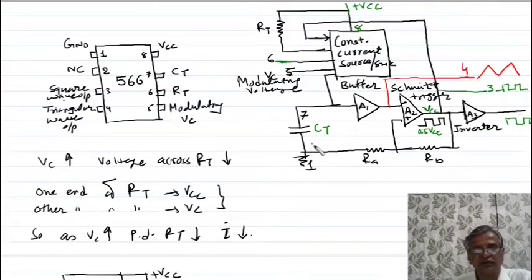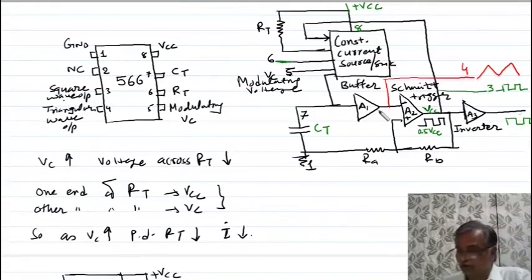This triangle waveform is given to the inverting terminal of a Schmitt trigger through the buffer, and the Schmitt trigger converts this triangle waveform into a square wave. The output voltage swings between VCC and 0.5 VCC.